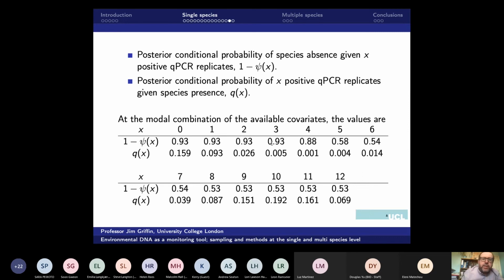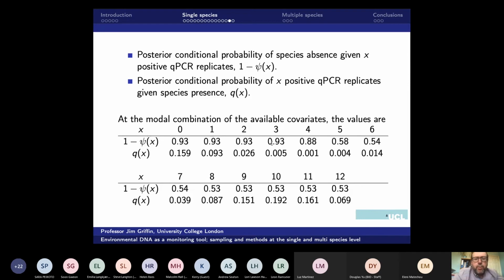So that tells us the probability of species presence given the number of replicates. And then we can also think about the conditional probability of having x positive qPCR replicates given species presence. And we can see how that varies with the value of x.